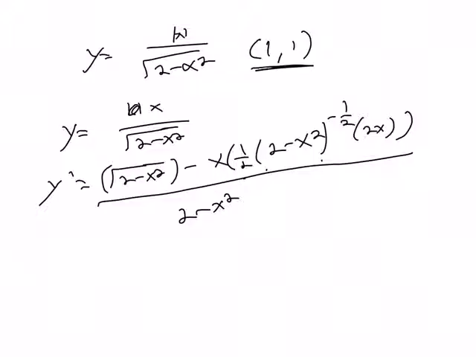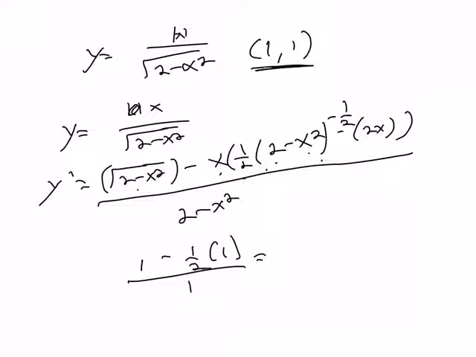So now if we plug in a 1, we're going to get 1 over here minus, and then you have 1 here, and then a half. Then you're going to have 2 minus 1, which is 1, to the negative a half, so that's still 1, times 1, over 2 minus 1, which is 1.